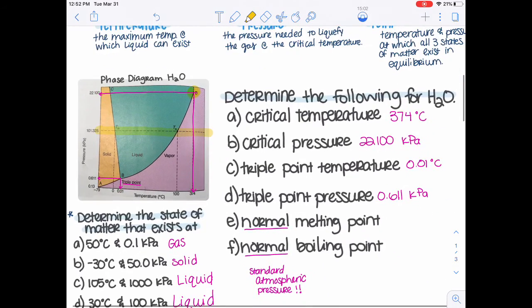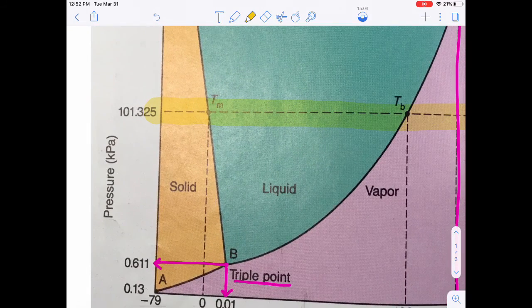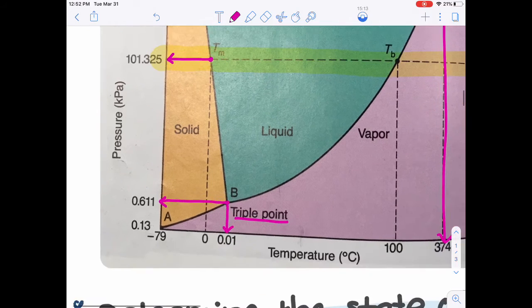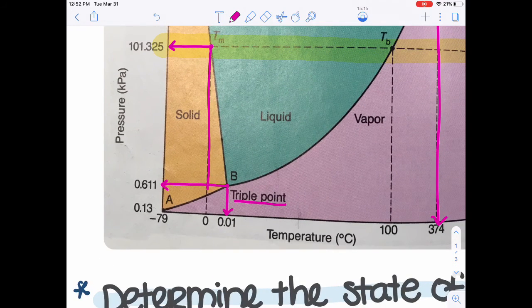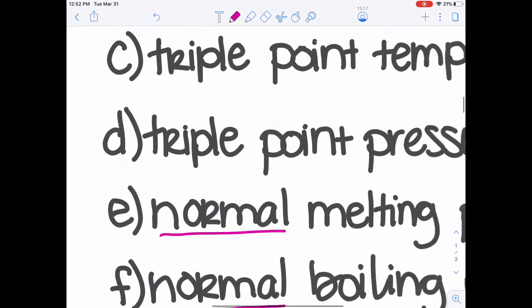So melting point, melting again is the transition from solid to liquid. So our melting point is this right here. Again, we are at standard pressure. The melting point is 0.